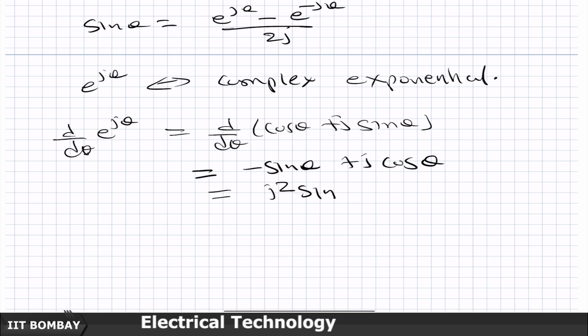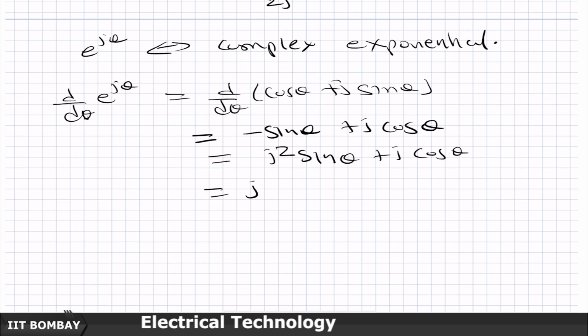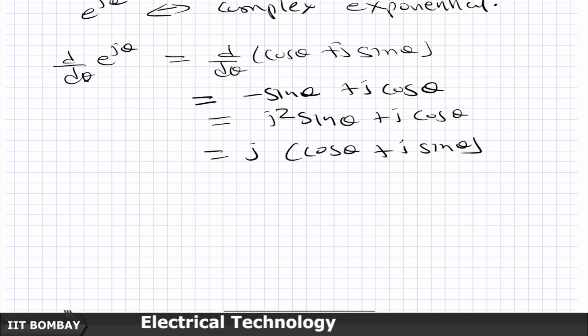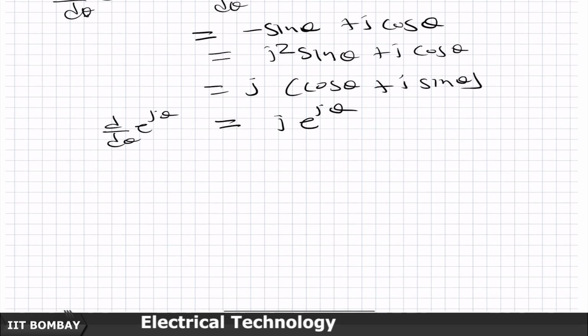So, you are writing this as j square sin theta plus j cos theta. So, now take j as common. So, this becomes j times cos theta plus j times sin theta, but cos theta plus j sin theta is e to the power j theta. So, therefore, d by d theta of e to the power j theta is j times e to the power j theta.